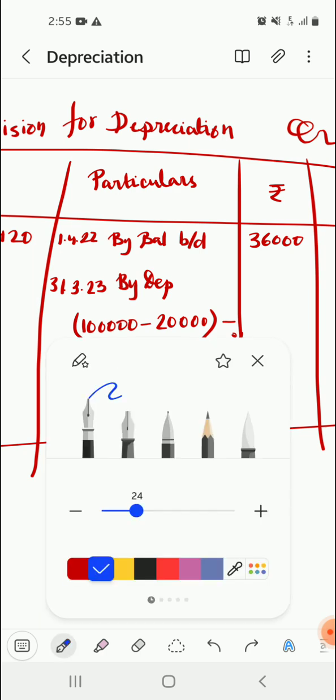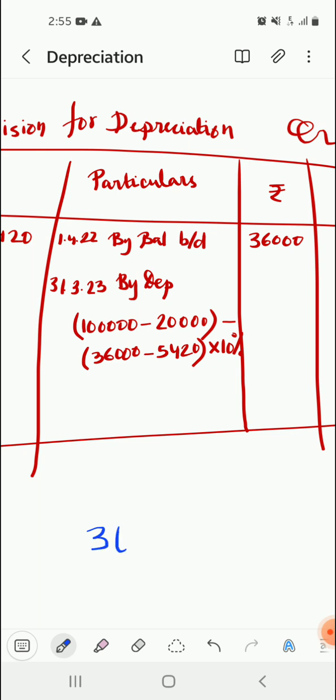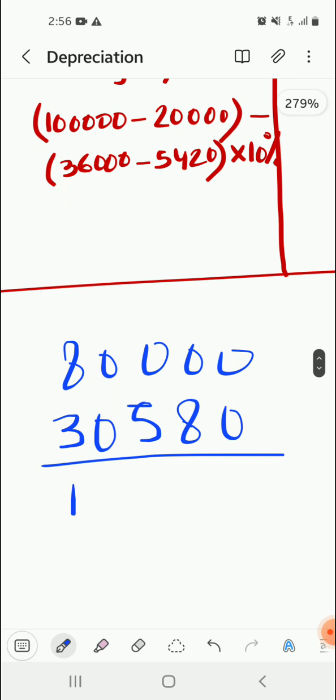So if we calculate it over here, this is 30,580 and this is 80,000. Add both together. Sorry, not adding, deducting.